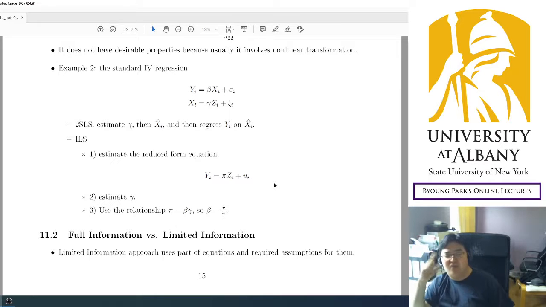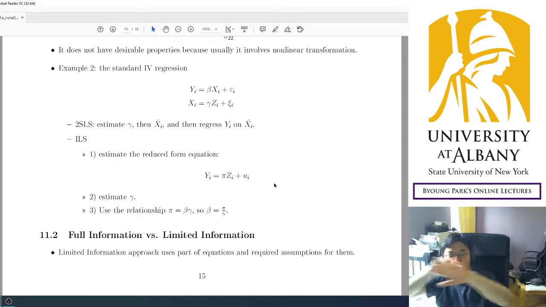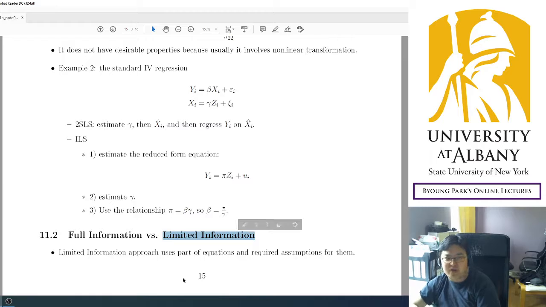But you are interested only in, say, the financial market or the labor market or a specific market in the macroeconomy. Then you can think about two different approaches. If you are interested in that market, you can simply ignore the other markets and utilize only the market you are interested in. That approach is called the limited information approach.